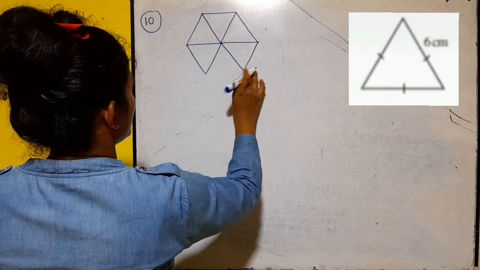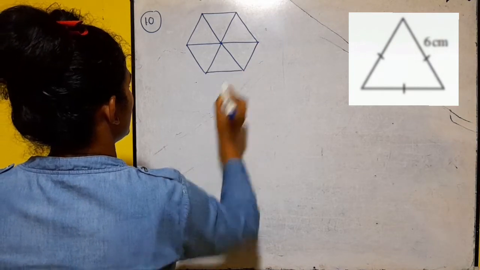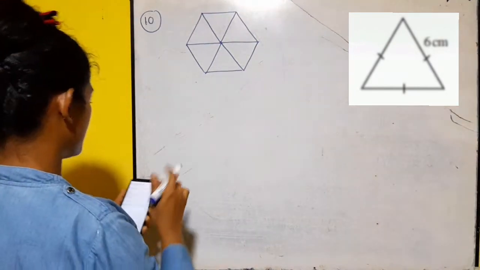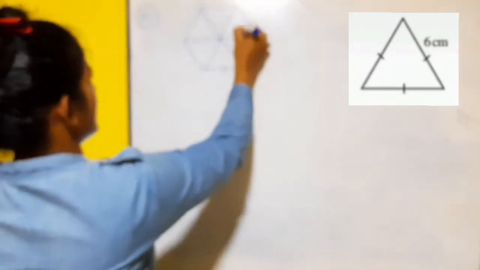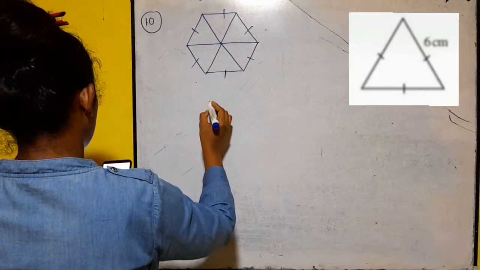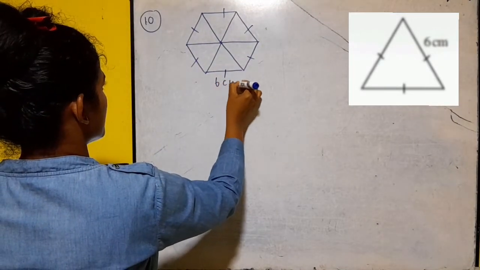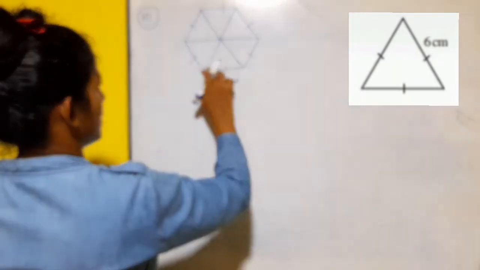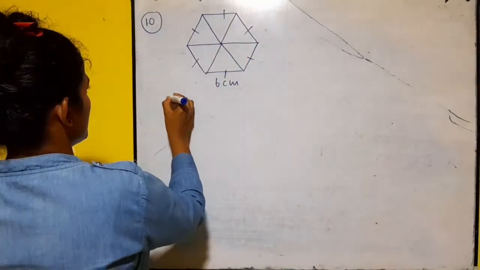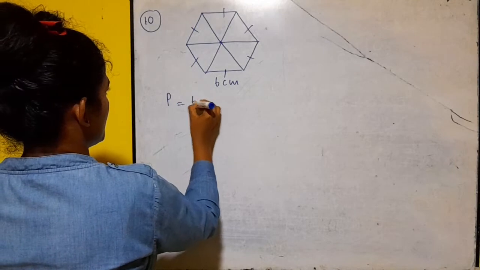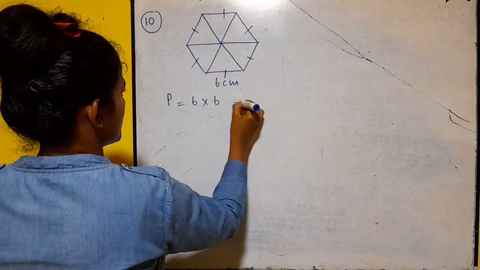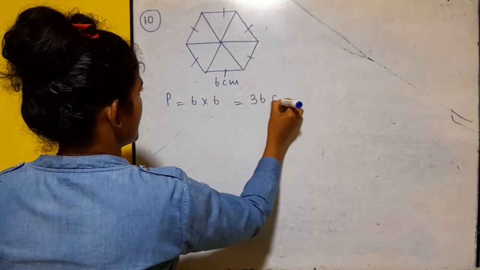This is the hexagon you can create by using equilateral triangles. So all the sides are equal in this. Then one side is 6 centimeters. The perimeter of this, how many sides are there? 6 sides. So the perimeter equals 6 multiplied by 6. That is 36 centimeters.